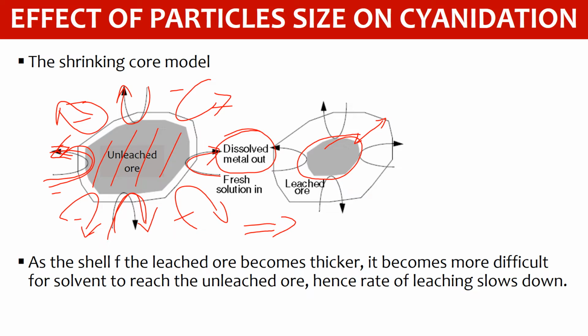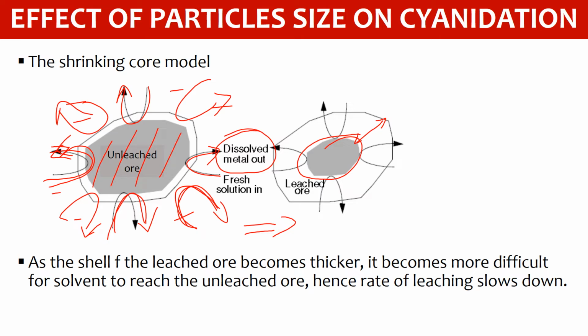Okay, so if your ore is very thick, it becomes very difficult for this lixiviant to reach the unleached ore, and therefore your rate of leaching is very slow.